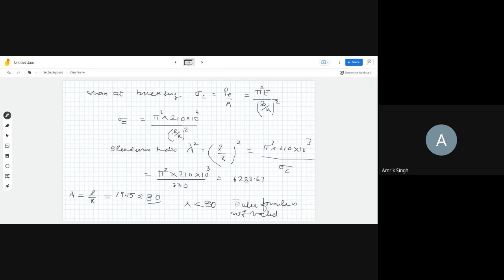Before that, it is not valid. So we have defined also the ratio that long column is if it is more than 100. So that means if the slenderness ratio is more than 80, then the Euler formula is better valid. So this is a limitation of the Euler formula.